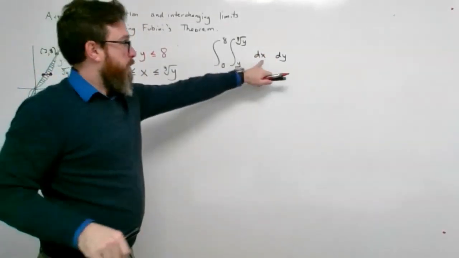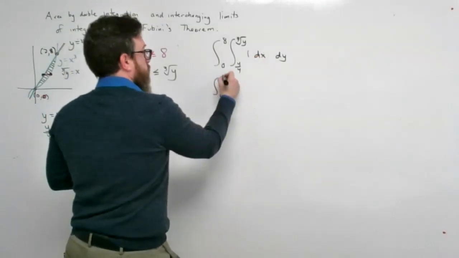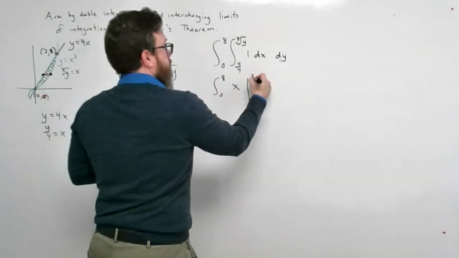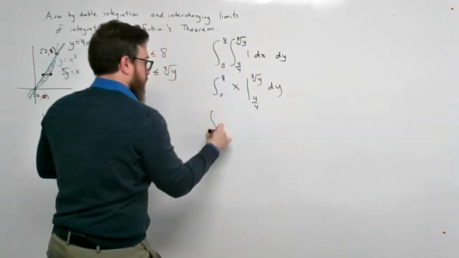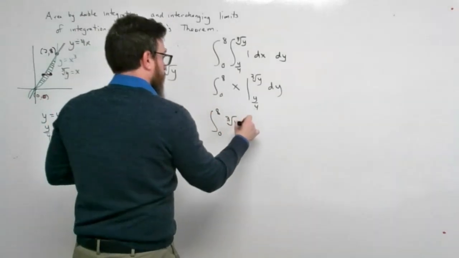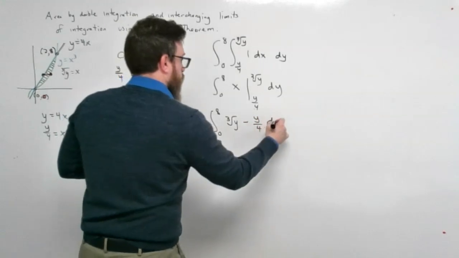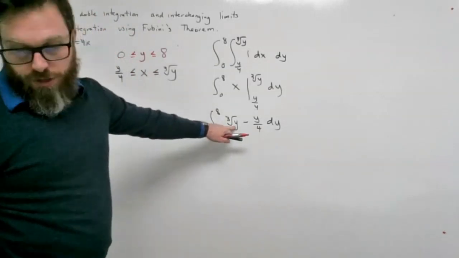First we integrate with respect to x, and since this function is just 1, we have the integral from 0 to 8 of x evaluated at its limits. Plugging in top minus bottom, the integral from 0 to 8 of the cube root of y minus y over 4 dy.